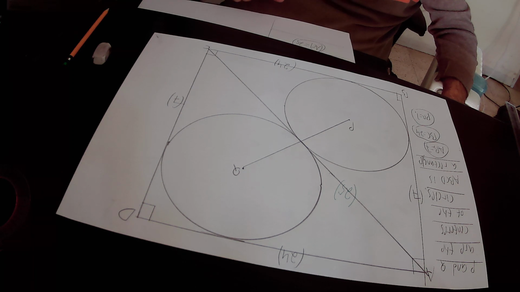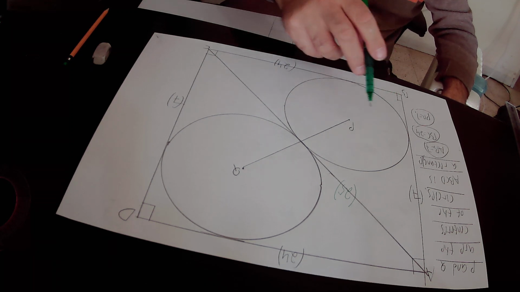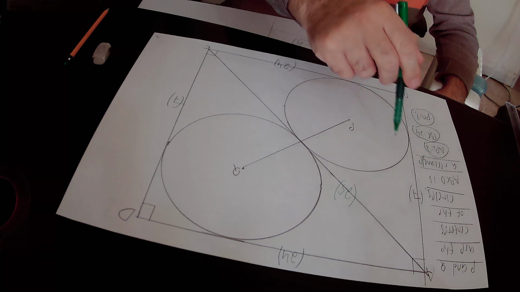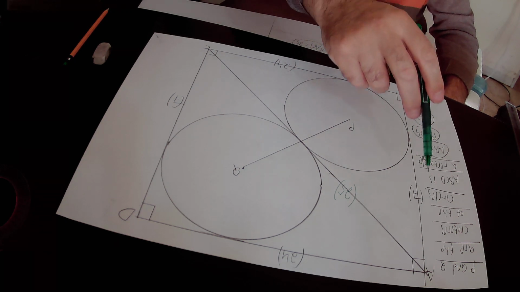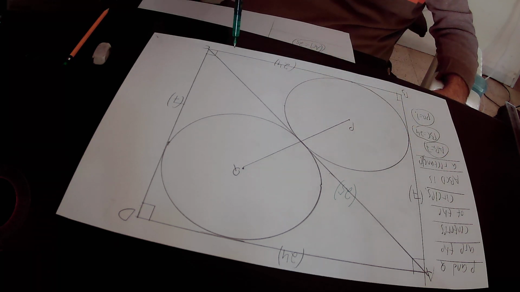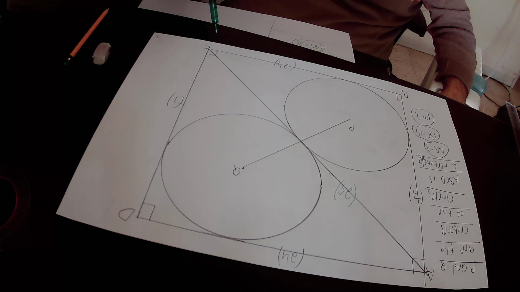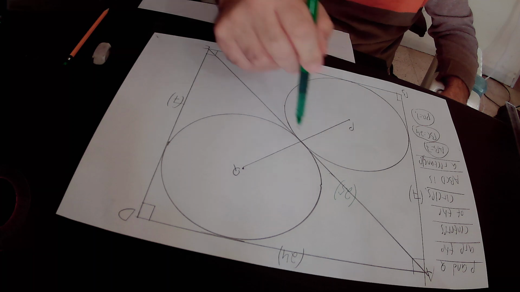Actually, we have to find out the radius of each circle. In order to find the radius, those two circles are both blocked by a right triangle. This circle is blocked by the right triangle ABC, and this circle is also blocked by the right triangle CDA.